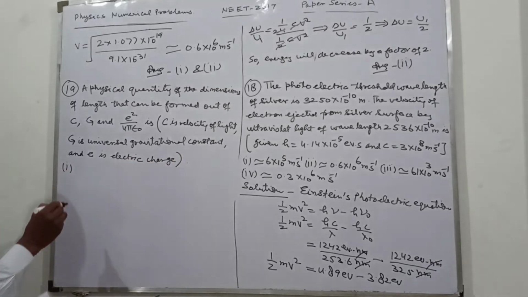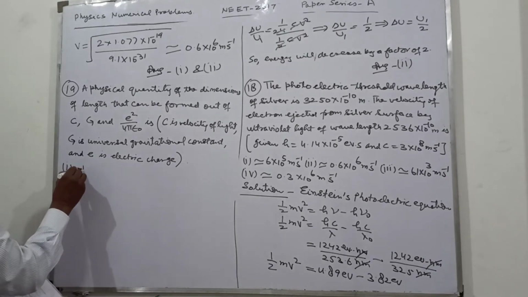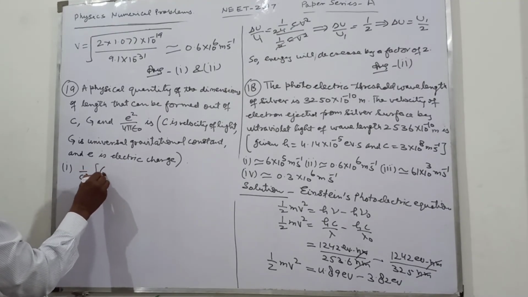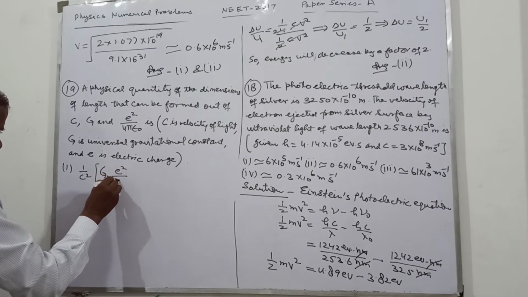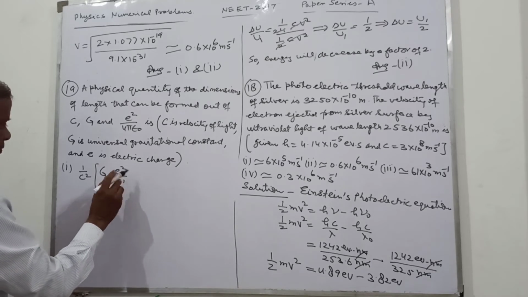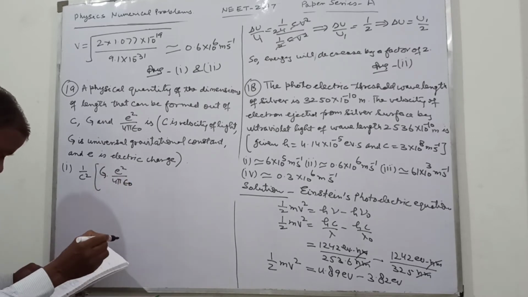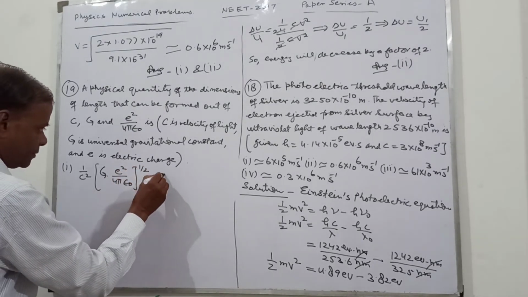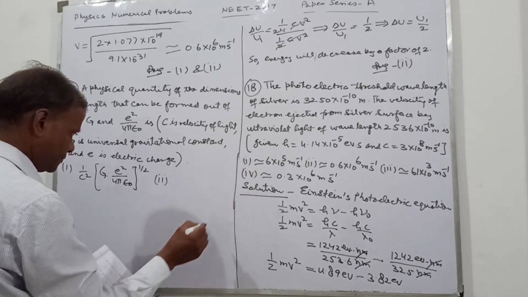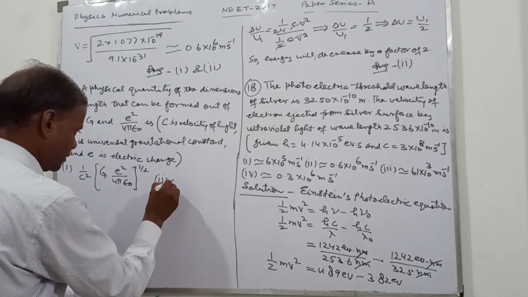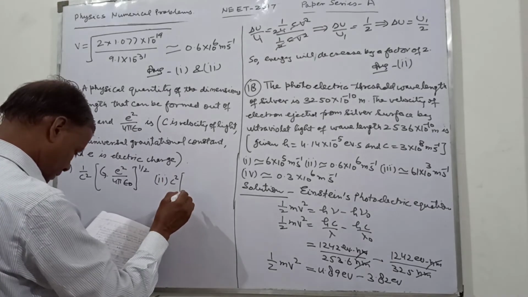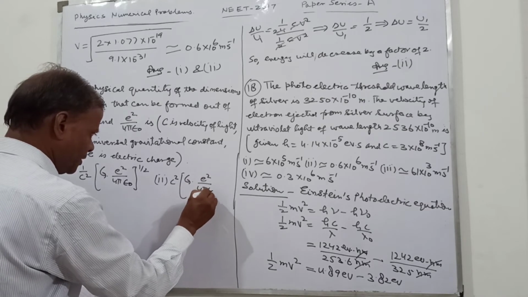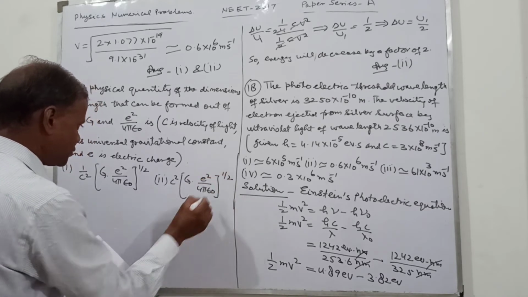Now the options are: first option is 1 upon C square into (G e square upon 4 pi epsilon naught) raised to power half. Second option is C square into (G e square upon 4 pi epsilon naught) raised to power half.